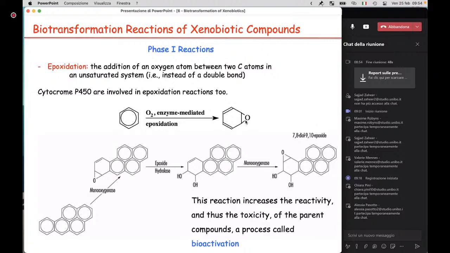But this is different because epoxidation produces a very reactive epoxide. You may remember from before that epoxides are very, very reactive compounds that readily undergo ring opening. This three-atom ring will open, producing a diol, or a molecule with two alcoholic groups, a diol.